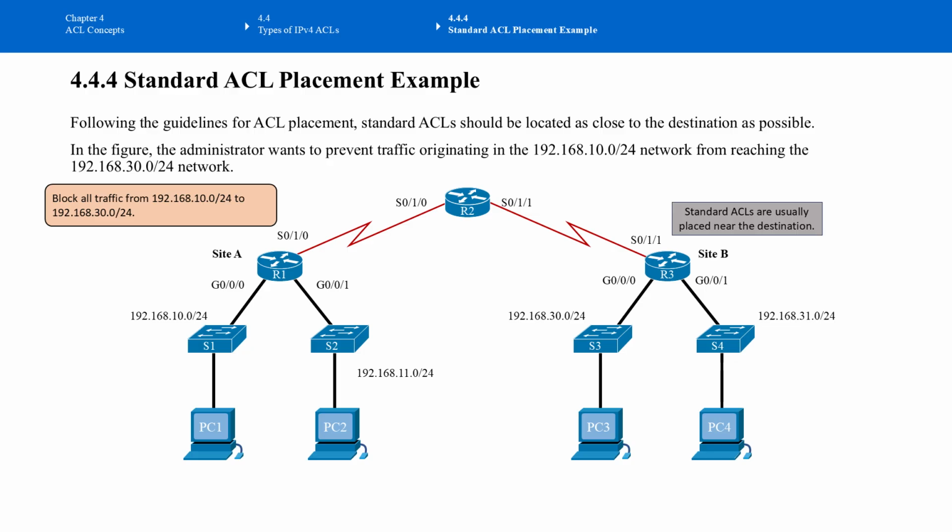By placing it near the destination on R3, we can block 192.168.10.0/24 to 192.168.30.0/24, while still allowing 192.168.10.0/24 to 192.168.31.0/24.